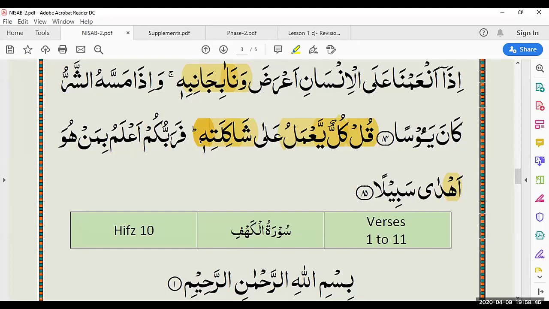If it was on top, it would be vertical fatha. And because this is under it, it would be vertical kasra. So the rule for vertical kasra is to prolong it for 2 seconds. However, we're doing a waqf. Therefore, this vertical kasra would be replaced by a sukoon. So we would not say shakilatihi, we would say shakilati.